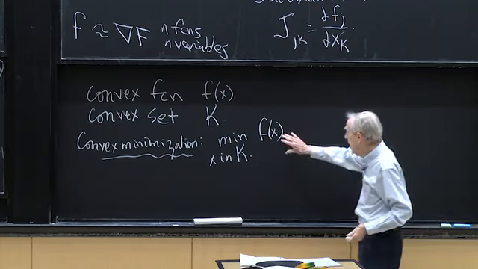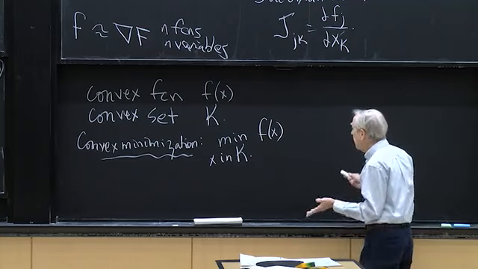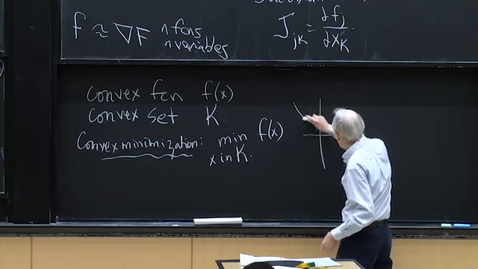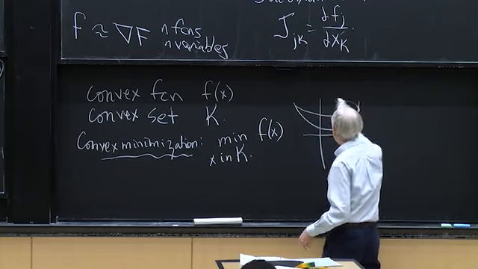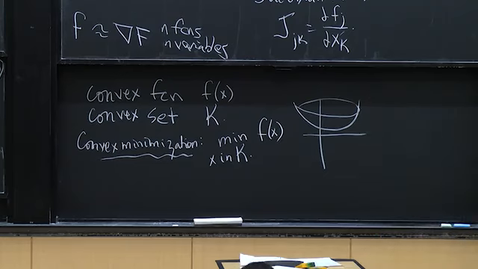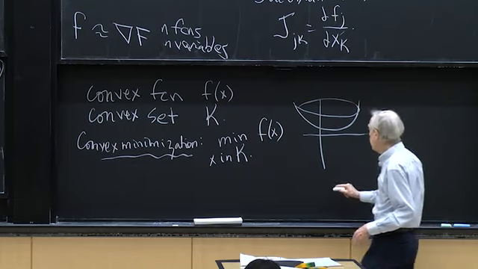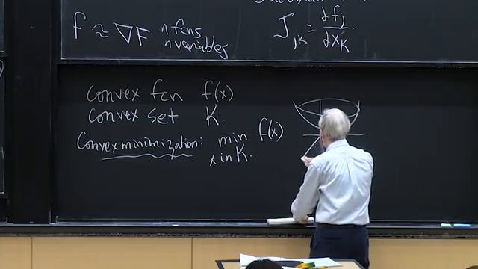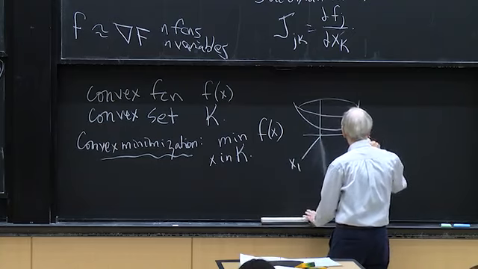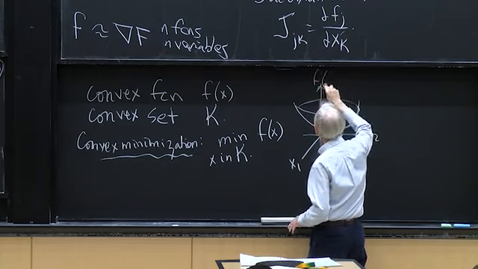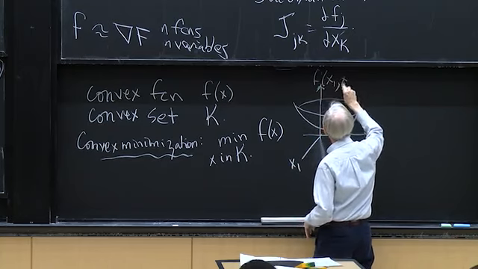The function is convex, and so let me draw a convex function, the graph. Okay, so I'll draw a convex function, say a bowl. So that's a graph of f of x. And here are the x's. Let me maybe put x1 and x2 in the base, and the graph of f of x1, x2 up here.